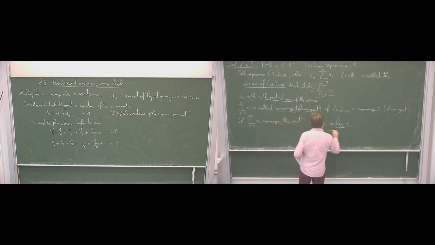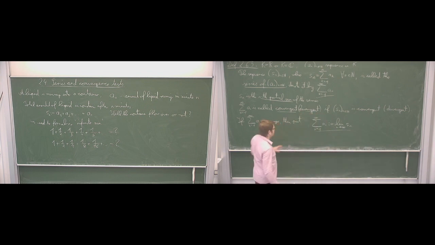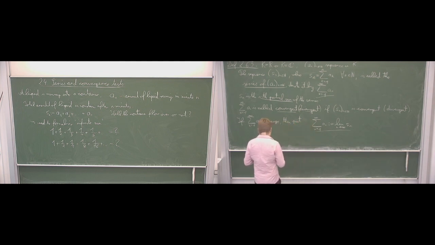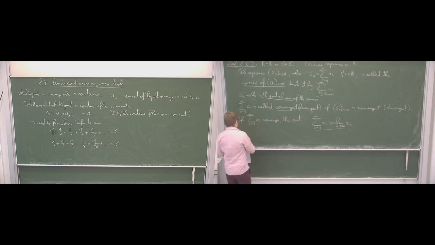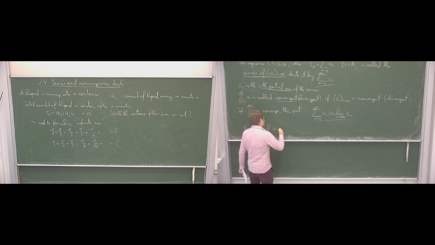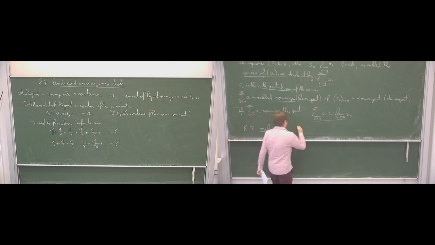Of course it's a bit imprecise, since on the one hand we refer to the sequence, on the other hand to its limit, but it turns out that this notation is quite useful and quite intuitive when you're getting used to it. Of course, as for sequences, if K is R, we call it a real series, and if K is equal to C, we call it a complex series.